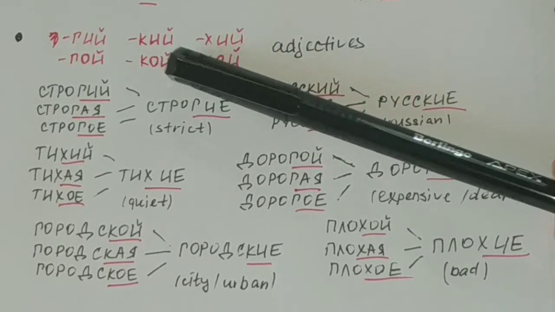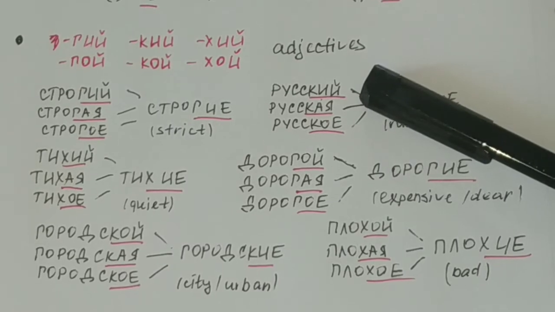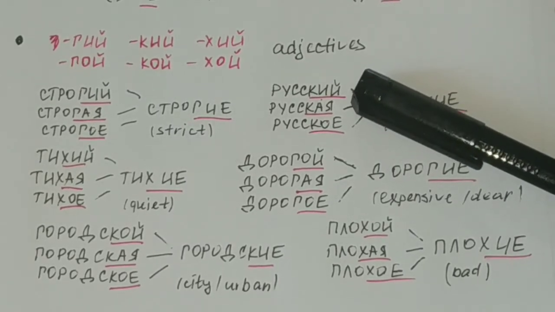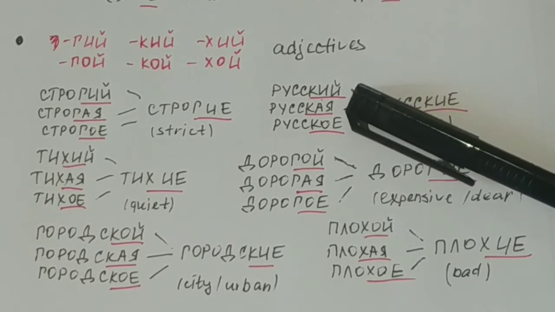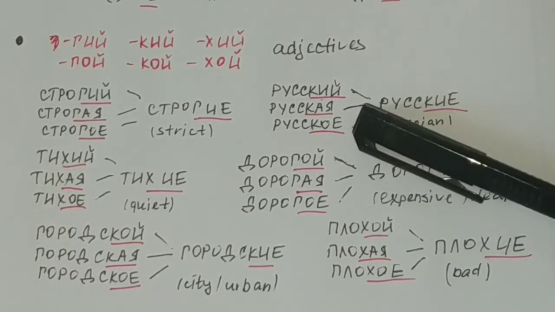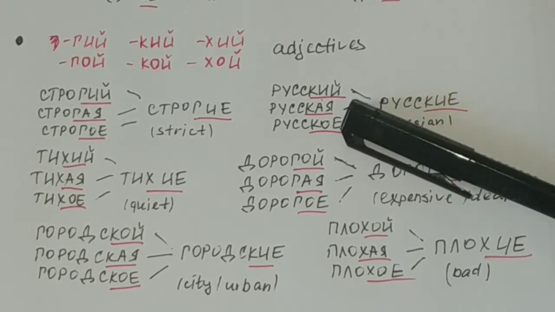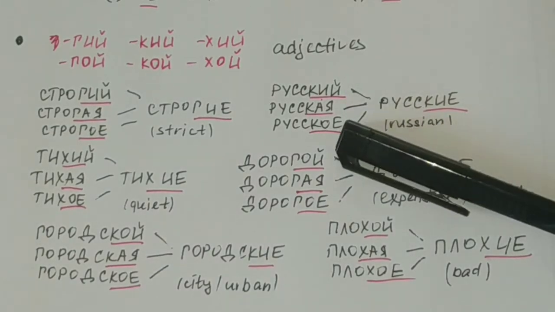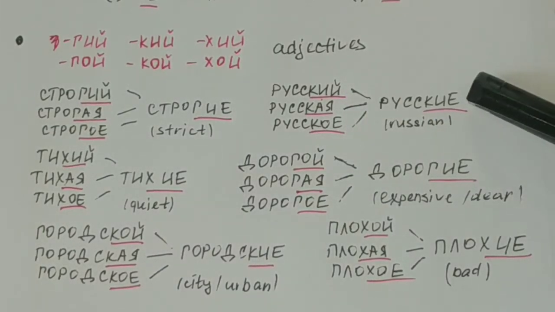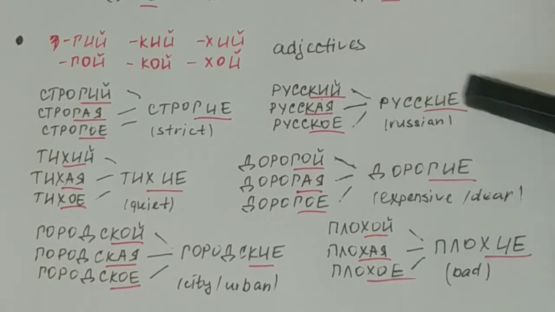For ки we have this example, which is русский, meaning Russian, and it is the masculine gender form. For feminine we have русская, and for neuter we have русское. So they all form the plural version by changing the ending into ие, and we get русские, meaning Russian.